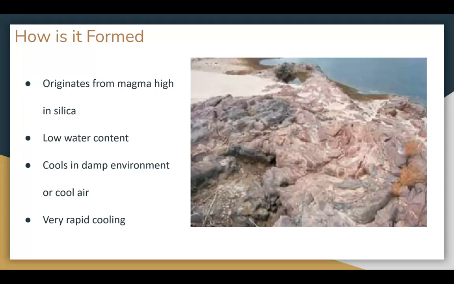It's because it cools down so fast that the atoms inside cannot create bonds with other atoms. Therefore, that's why it doesn't have a structure to it. And also, since it's cooling in a damp environment, basically water or cool air, it doesn't have the time, as it cools down in like 5 seconds to a minute.